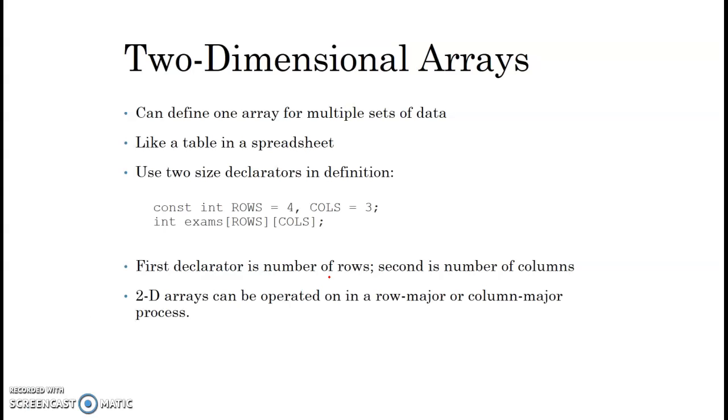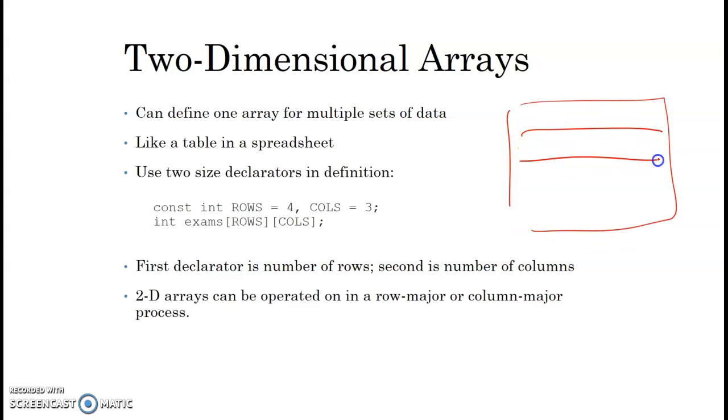So let's talk about two-dimensional arrays. We've been talking about one-dimensional arrays up until this point. Two-dimensional arrays share all the same properties as the one-dimensional array, except that we are going to control the idea of rows and columns in a multidimensional array. If we recall from previous experience, a multidimensional array is made up of a series of rows and columns.